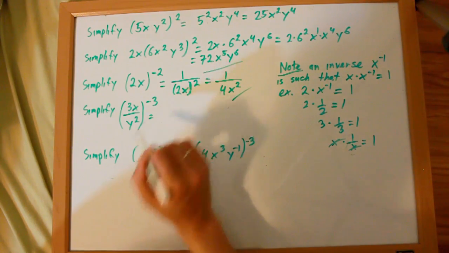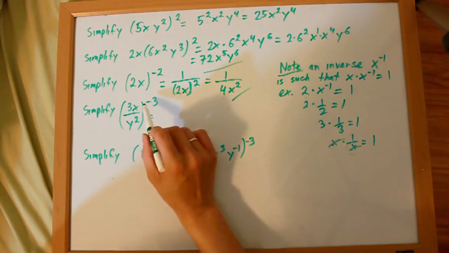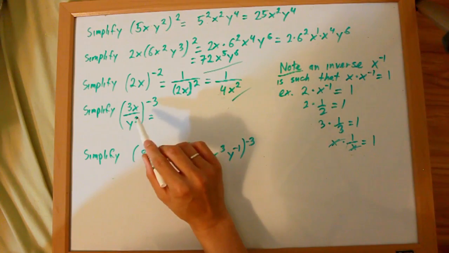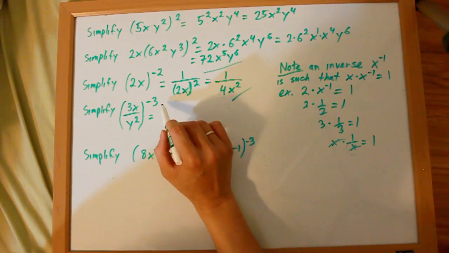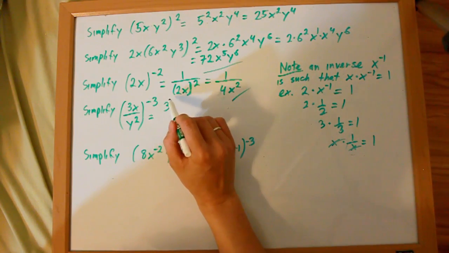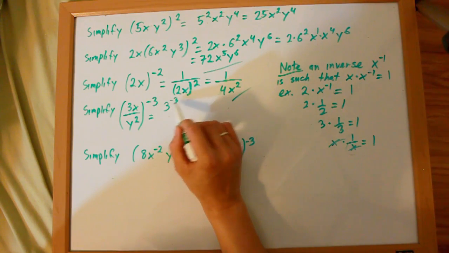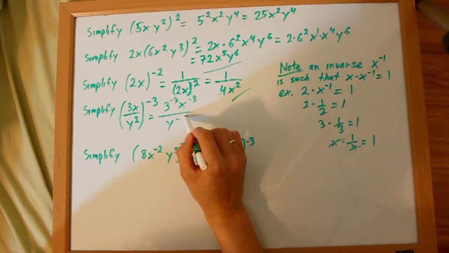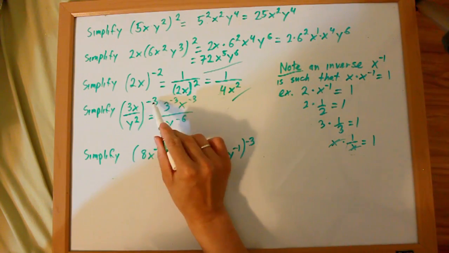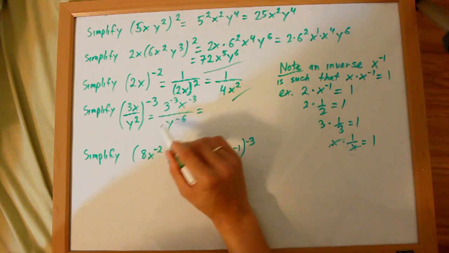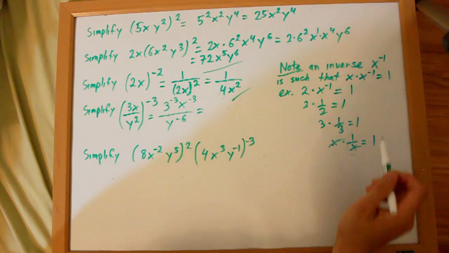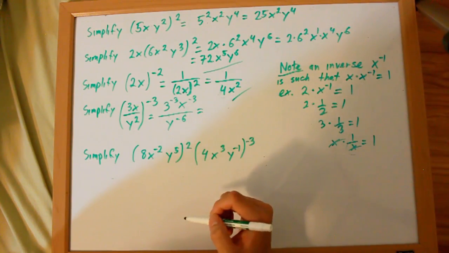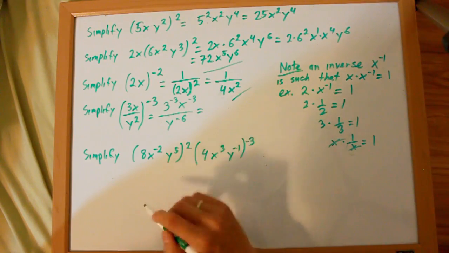So our next problem, same thing. Before we start flipping, let's multiply them out first. So 3 to the power of negative 3, x to the power of negative 3, y to the power of negative 6, 2 times negative 3 is negative 6. Again, you can flip everything and get rid of the negative sign.